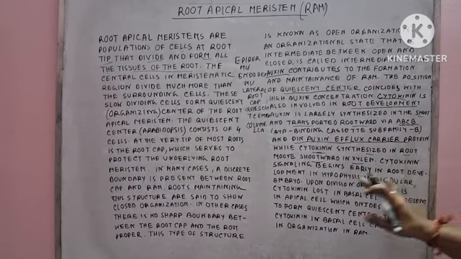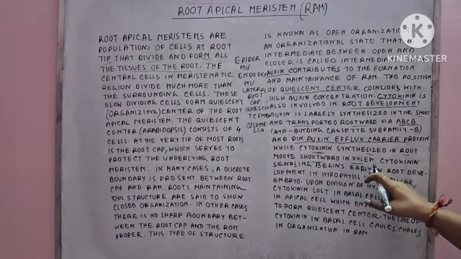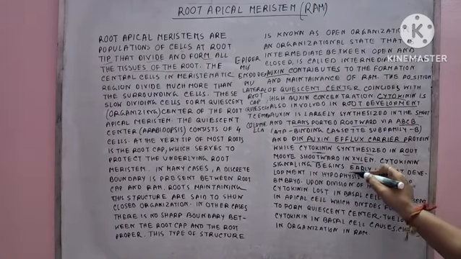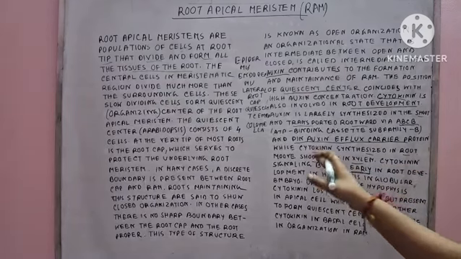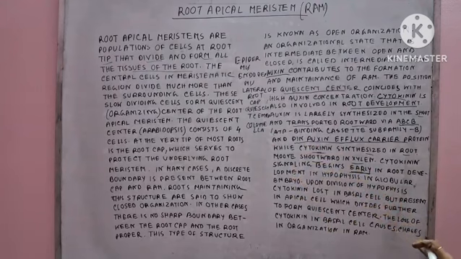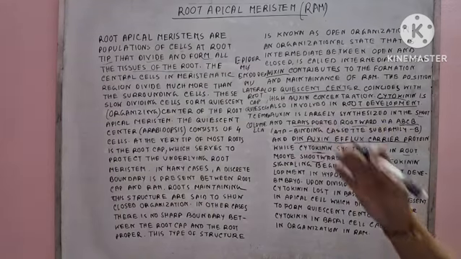So cytokinin signaling begins early. I have said that it begins early because for root development, the cytokinin's role is very important. In the early development of the root, the cytokinin is formed in the root region, but at maturity the cytokinin moves towards the shoot area.